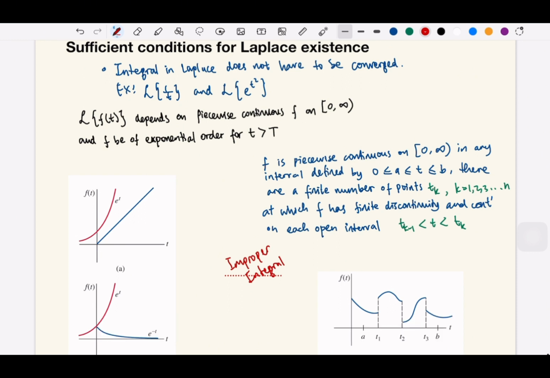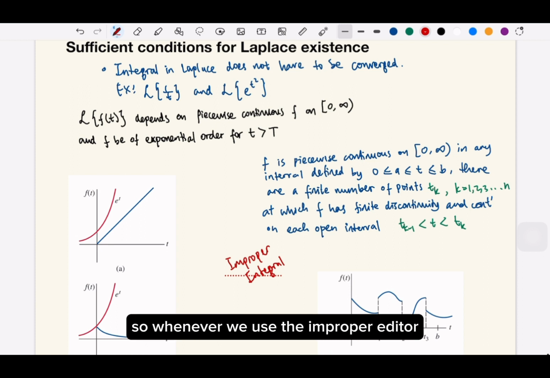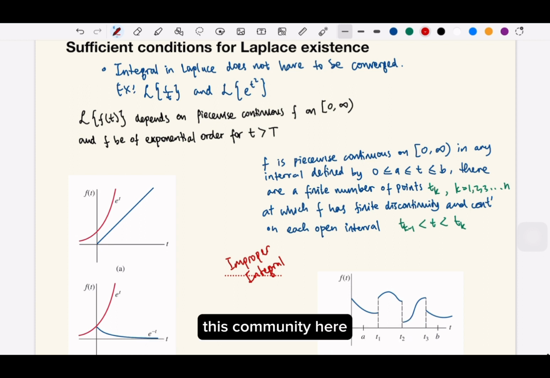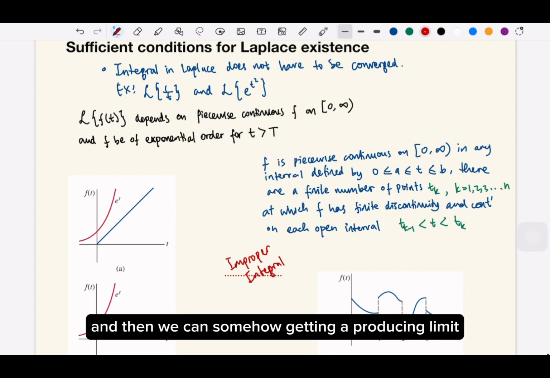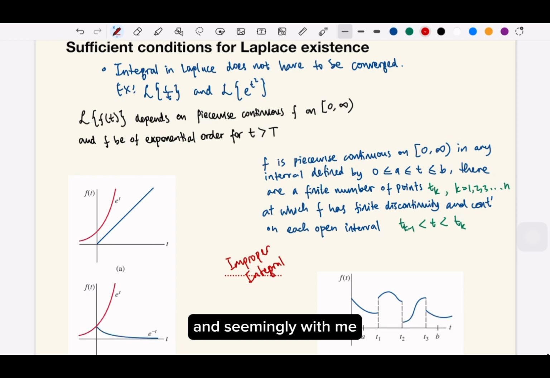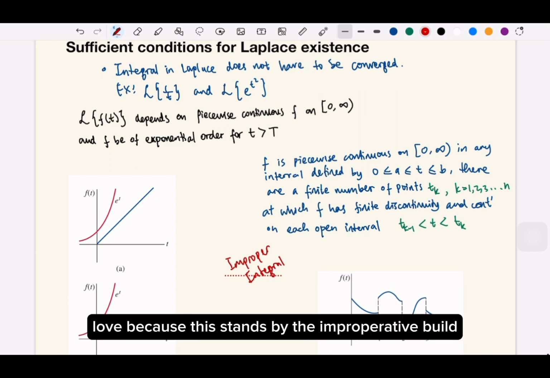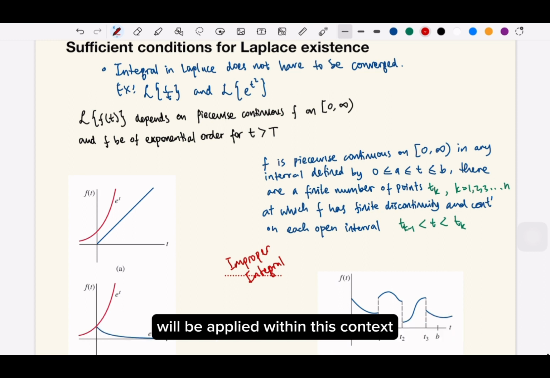That is the summary. Whenever we use the improper integral, we could take the discontinuity and approach it using limits, and find the result. Similarly with our Laplace: because it stands on the improper integral, every property of the improper integral applies in this context.